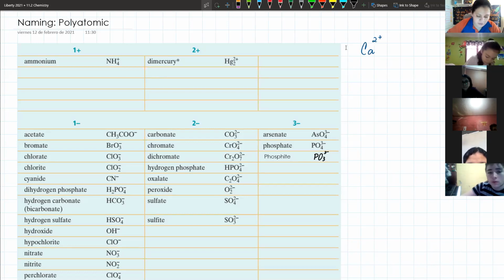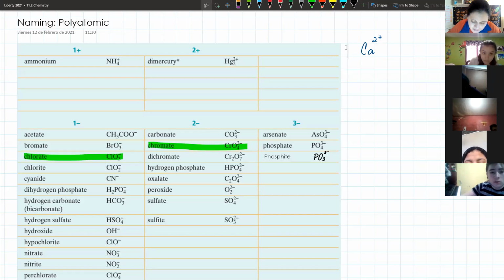So I will use this table and I will highlight the polyatomic ions that will be joined to calcium. I will use chlorate, chromate, and arsenate.